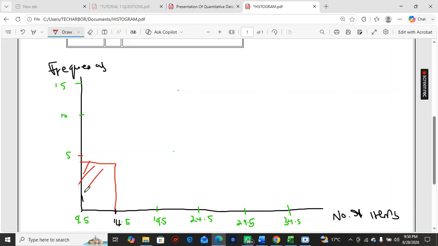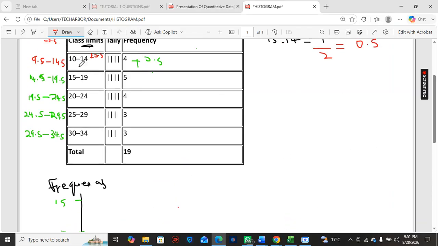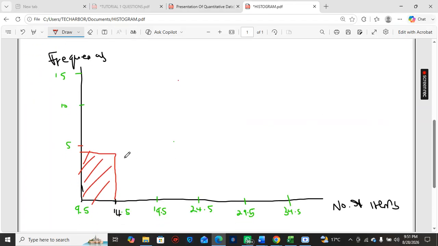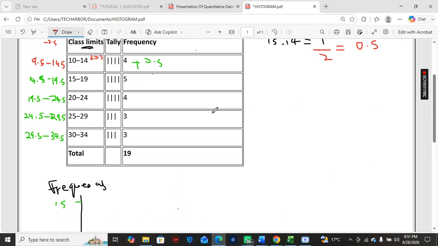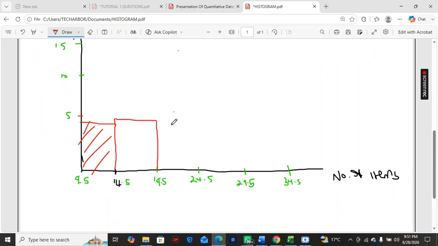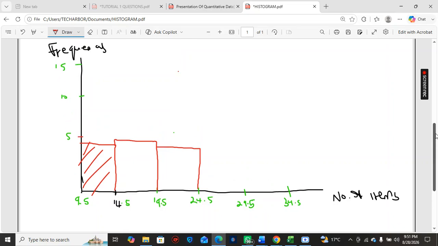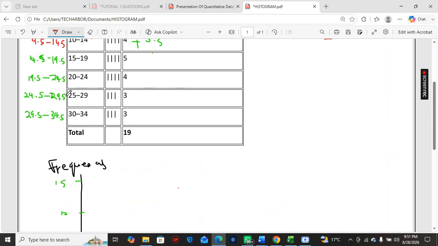Then from 14.5 to 19.5, we have 5. Then 19.5 to 24.5, again, we have 4. Then from 24.5 to 29.5, we have 3.